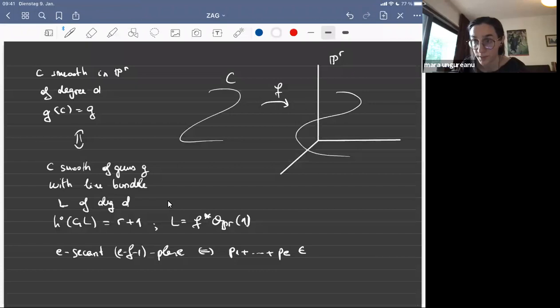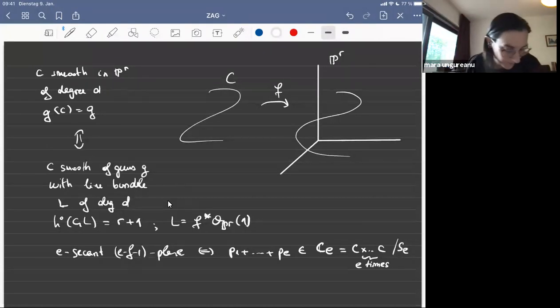These points don't necessarily have to be distinct. So I'm going to write this as belonging to the symmetric product of the curve. So C_e is the e-th symmetric product of the curve. So this is C times C, e times, and quotient by the action of the symmetric group, right? I don't care about the order.